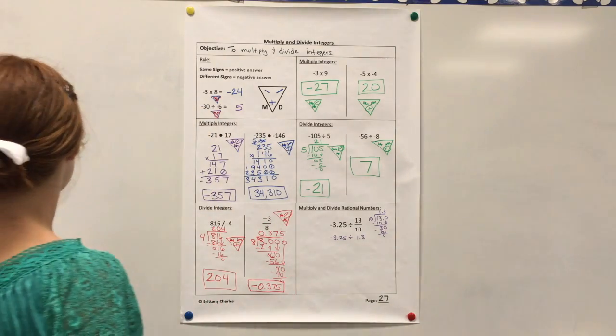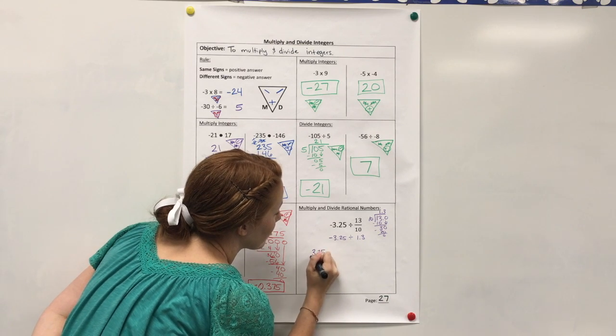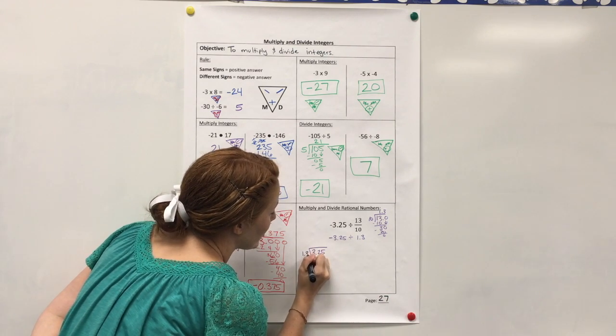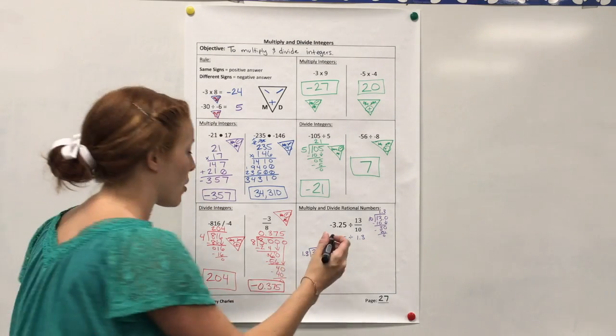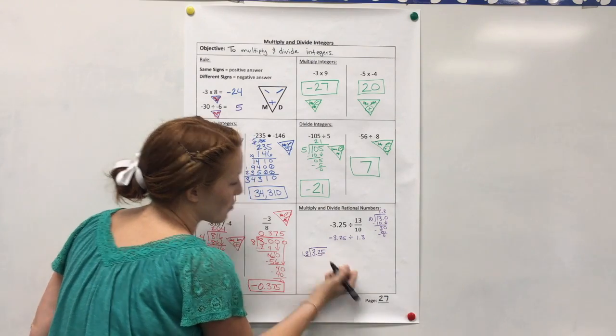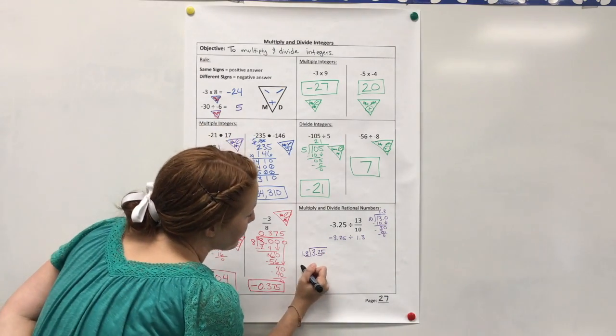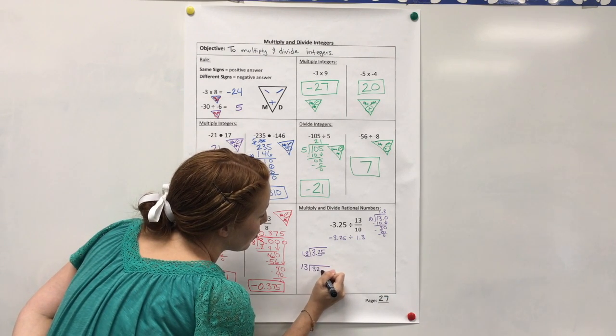Okay, so now I can just divide that. Now remember, I cannot have a decimal in my divisor, so I'm going to move it one spot to the right, which means I need to move this one spot to the right. And I'm going to rewrite this, so 13 and 32.5.